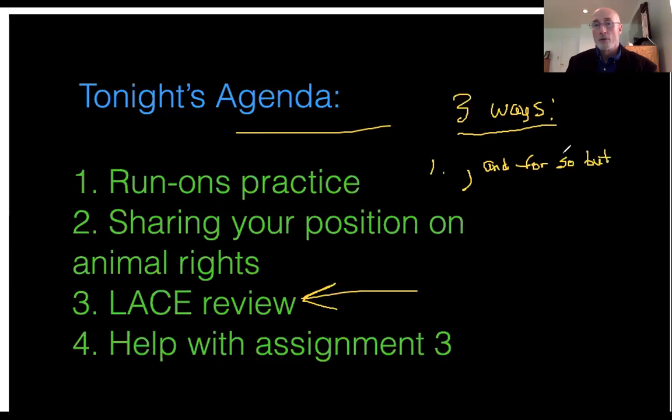If you had TS97, you probably had a textbook and would recognize this: FANBOYS, okay? Each one of these letters stands for one of the conjunctions that you could use: for, and, nor, but, or, yet, and so. All right, so that's method number 1.